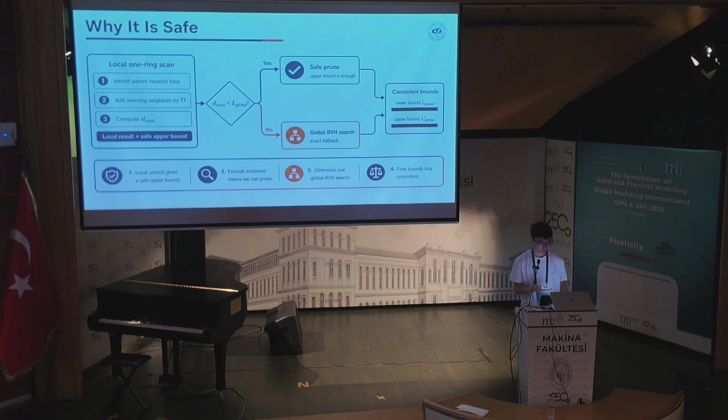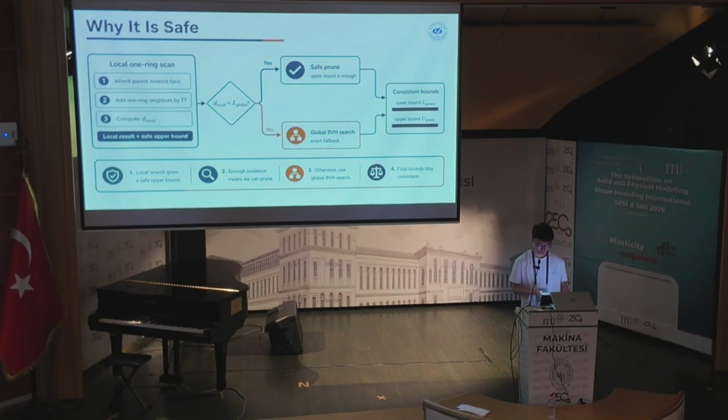Now I will explain why this method is safe. The local search gives a distance value. This value may not always be the exact nearest distance, but it is still a valid bound because it is a distance to a fixed target mesh. The pruning rule uses this bound carefully. If the local is smaller than the current global bound, this point cannot be the maximum point of the Hausdorff distance.